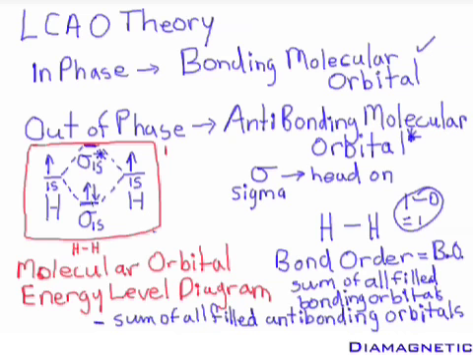Now, when the electrons are paired up, we've got some new terms to describe here. If electrons are all paired up, your electron configuration is said to be diamagnetic.